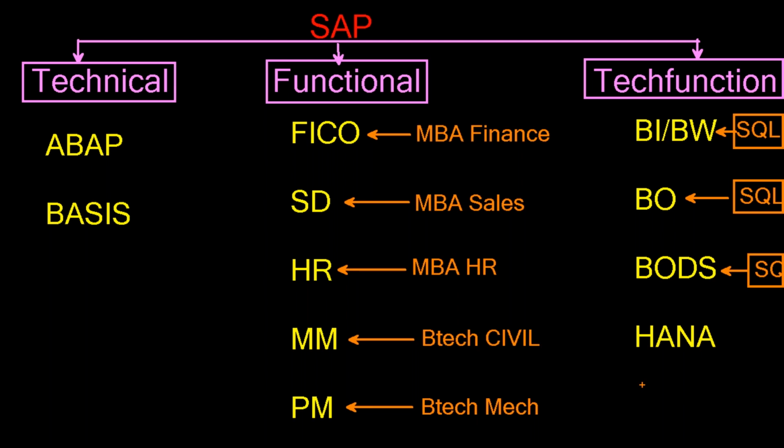Coming to HANA, I'm talking about the HANA database. We have an admin department, meaning HANA admin, and HANA development. So if you want to learn SAP HANA admin, your background should be basis, meaning you should be working on basis.